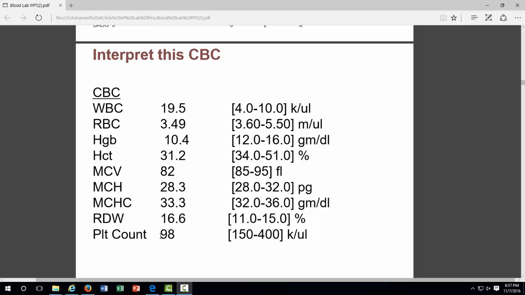And the platelet count is also low. So what would we call that with a platelet count of 98? So we have anemia, we have leukocytosis, and in reference to the platelets, thrombocytopenia. Okay, so those are some terms that we would apply to this individual that has these readings.